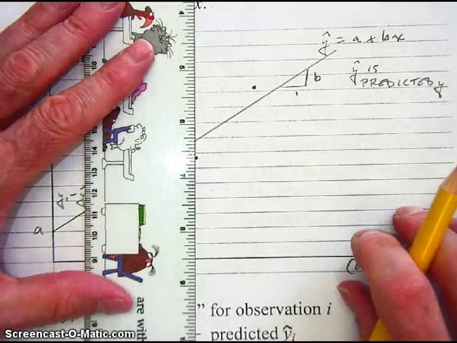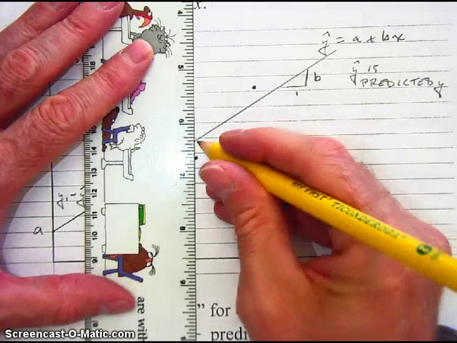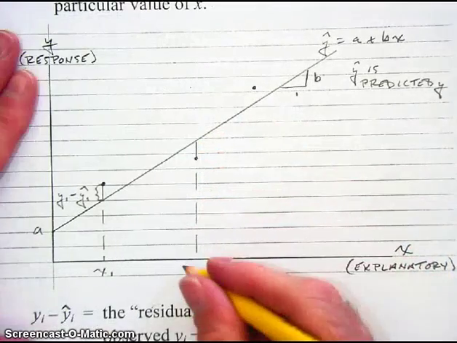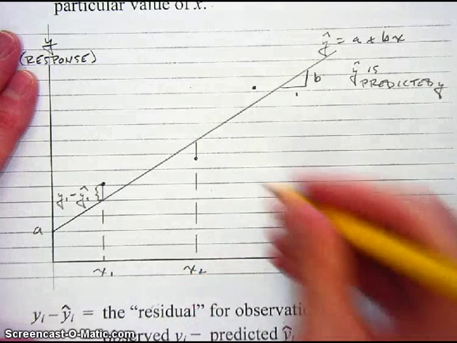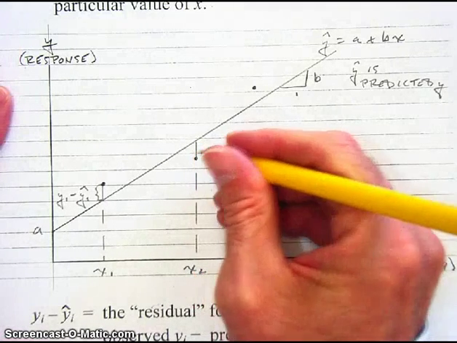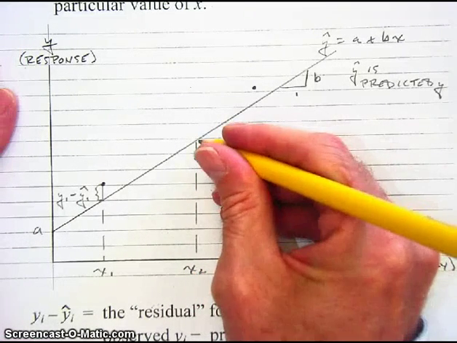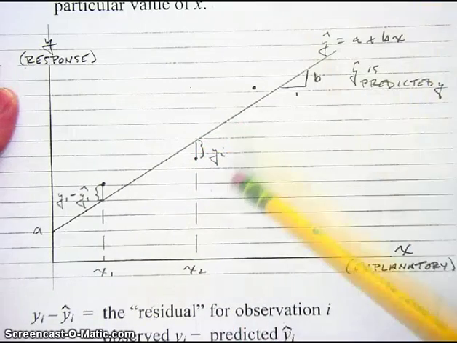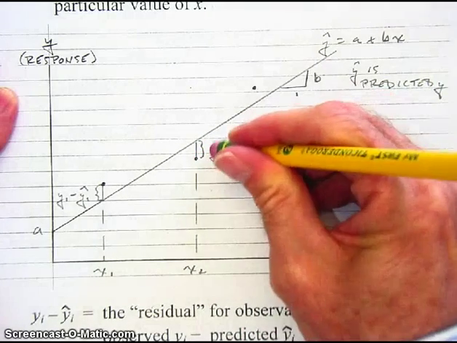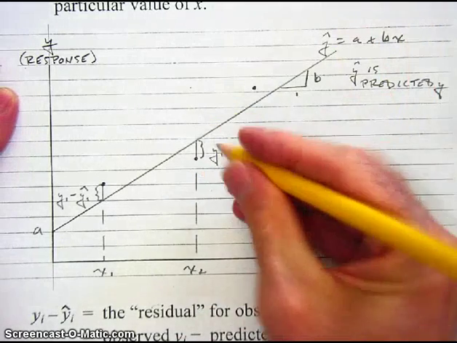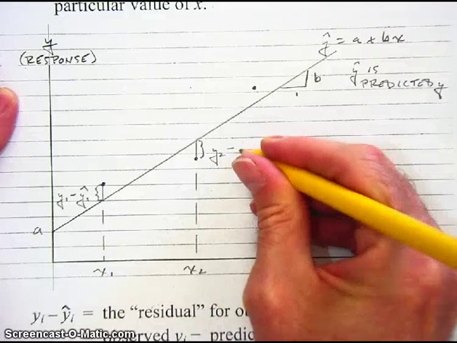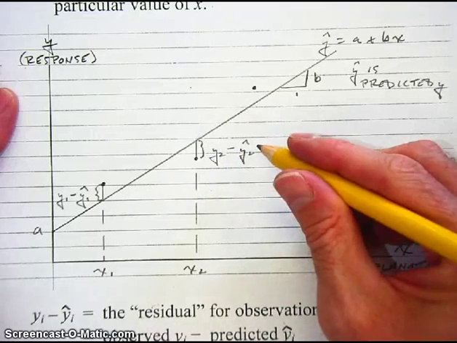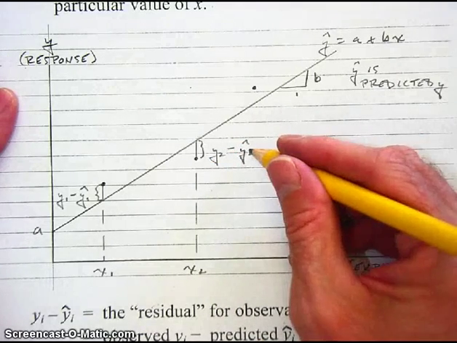We could make another residual over here for this point. For this value of x, x2, the observed value of y is below the predicted value of y on the line. The residual is y2 minus y2 hat, and this residual would be negative because y2 is less than y2 hat.